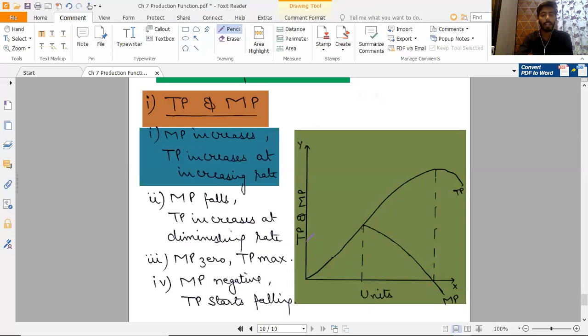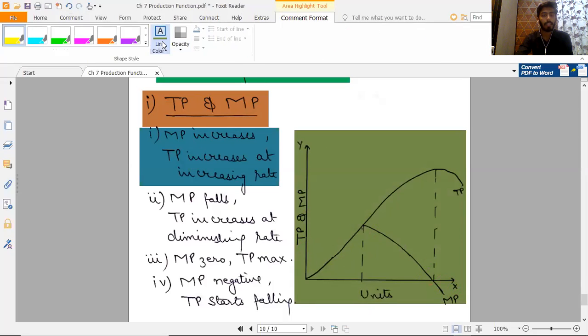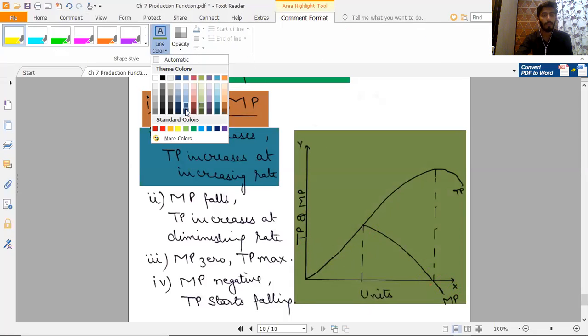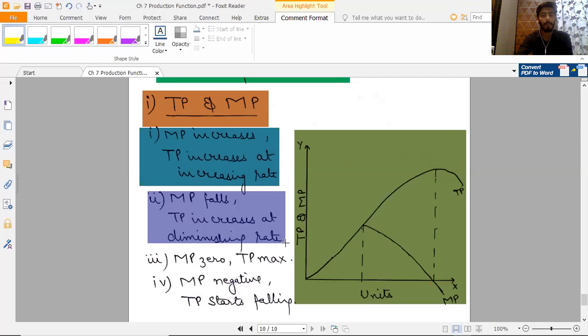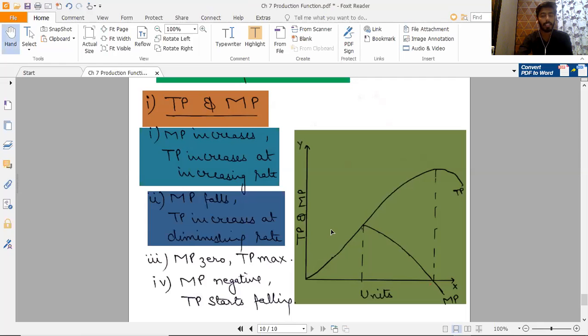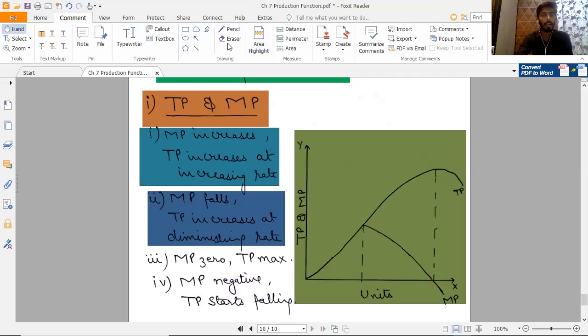So when MP increases, in the first stage, TP increases at increasing rate. Then MP starts falling. When MP falls, TP increases at diminishing rate. And ultimately MP becomes zero.